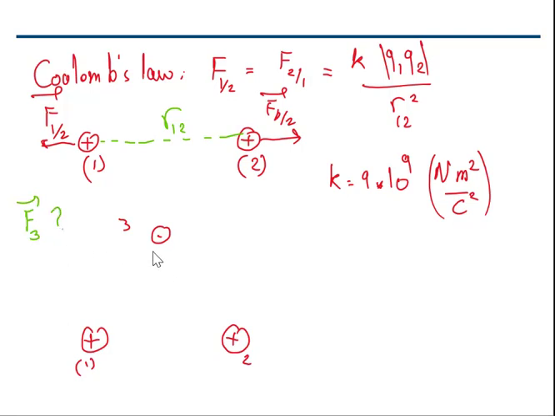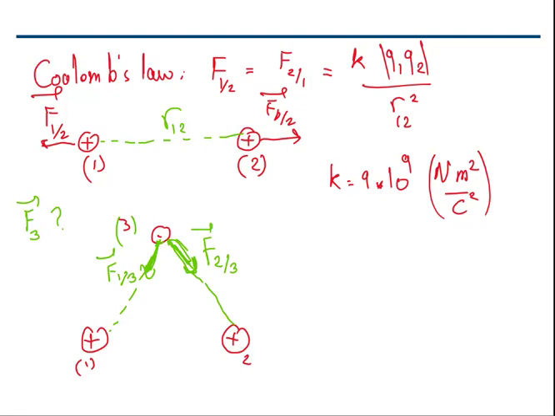On the charge 3, there is an attraction between 1 and 3. Let's say this is F1 on 3, and this is F2 on 3. Both of them are attractive because they have different signs.